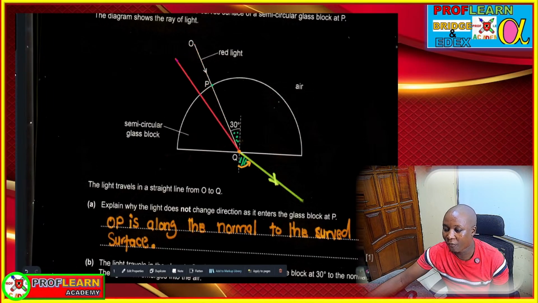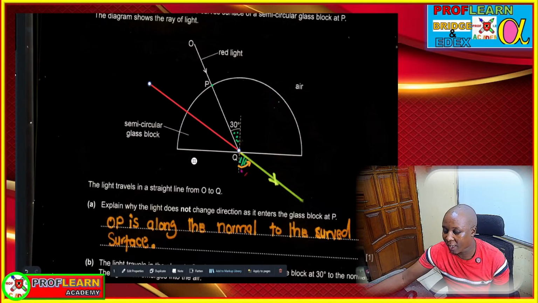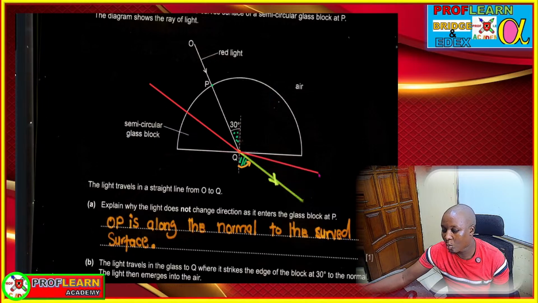This angle of incidence inside is increasing, so the angle of refraction down here is also going to increase, meaning the ray is going to bend towards the boundary. It will reach a point where the angle of incidence is greater than the critical angle, then total internal reflection will take place. All the rays will be reflected internally.